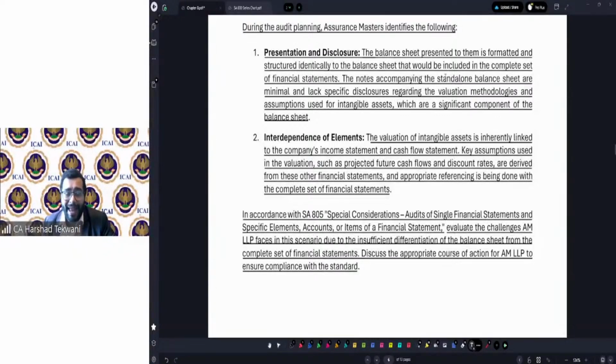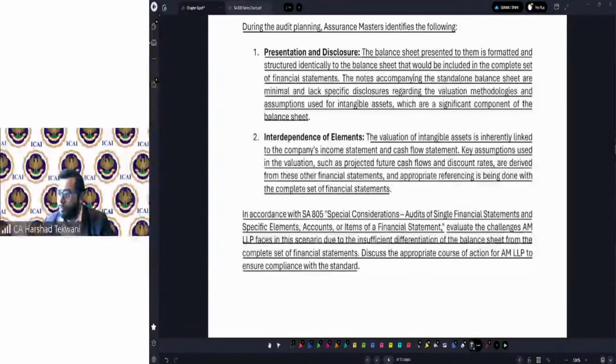So what could be the appropriate way to address this scenario as per SA 805? Can anyone tell me? Okay, what SA 805 talks about, auditing a single financial statement when you don't have sufficient information.